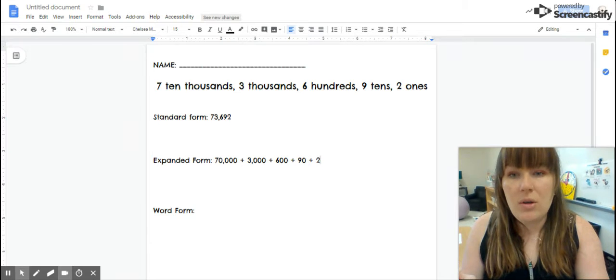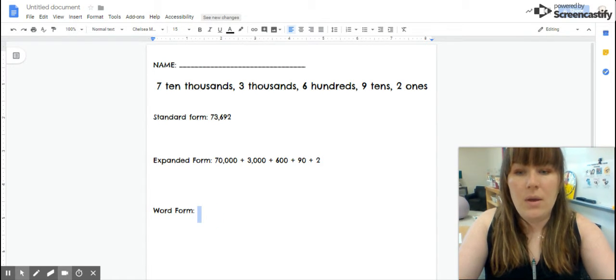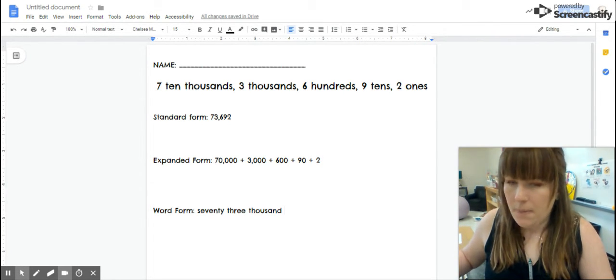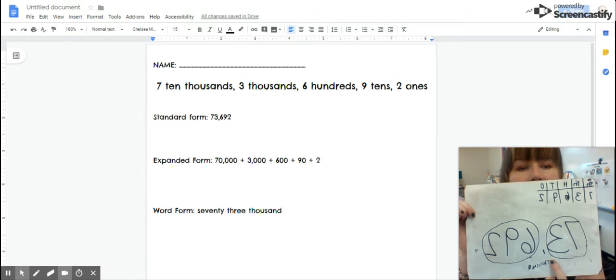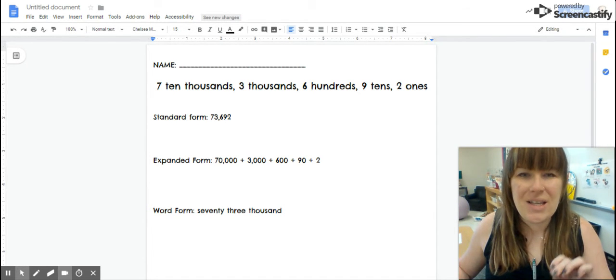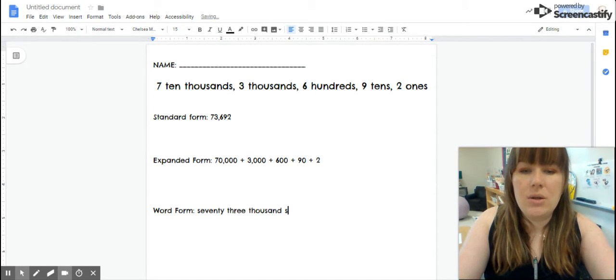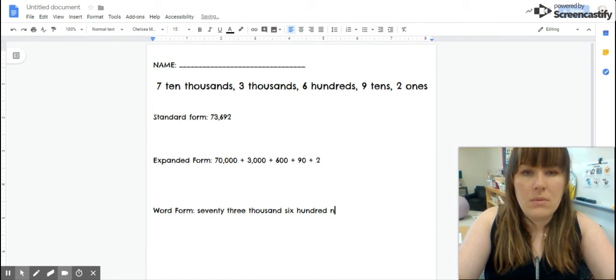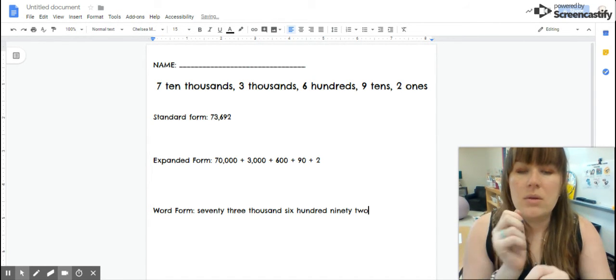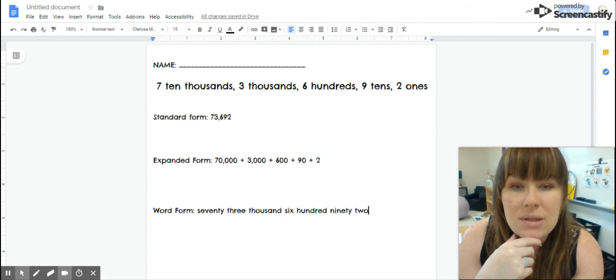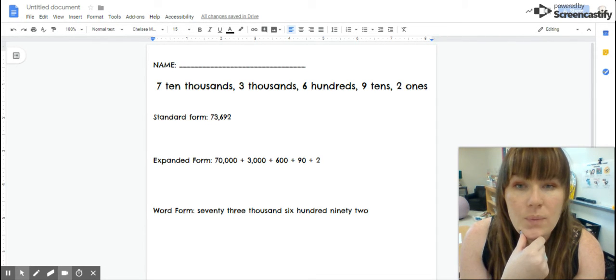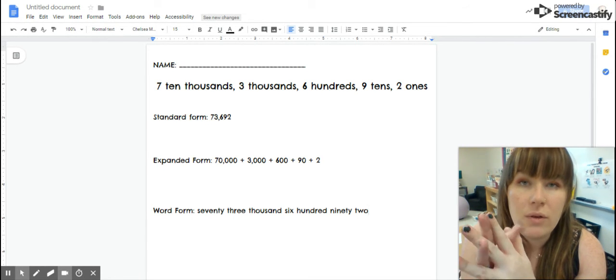So I'm going to come down to word form, and I'm going to start typing 73, and then I have thousand. So it was 73,000, and my next chunk is 692. So 73,692. And that is how you write the written form.